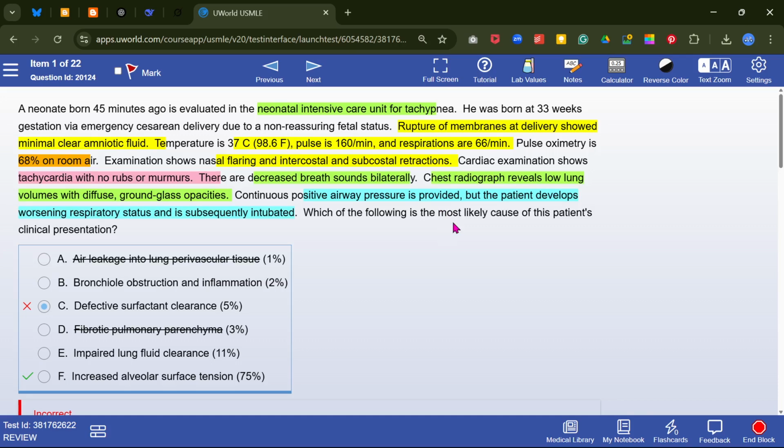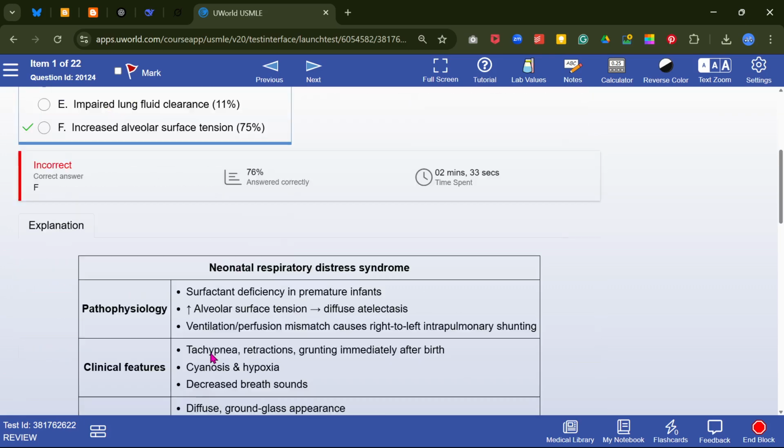This looks like NRDS, neonatal respiratory distress syndrome. Only 33 weeks of gestation, so there may be surfactant deficiency, and we know that surfactant decreases surface tension. As there is decreased surfactant, there is more alveolar surface tension. So this is the right answer.